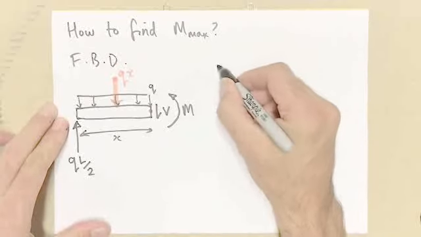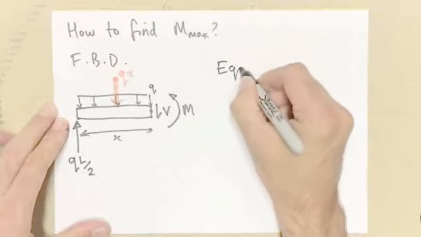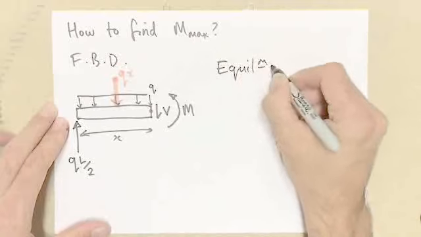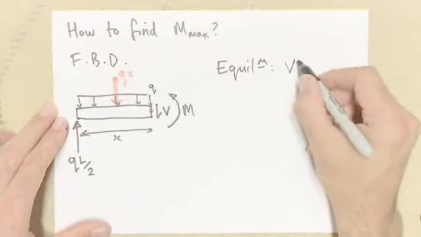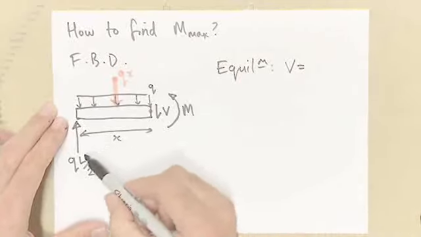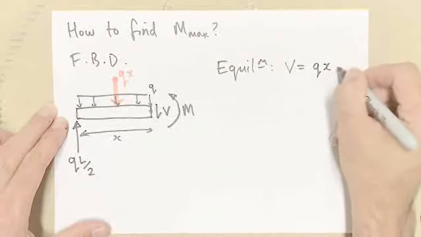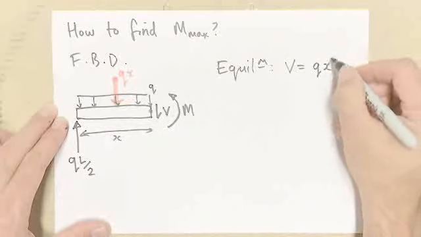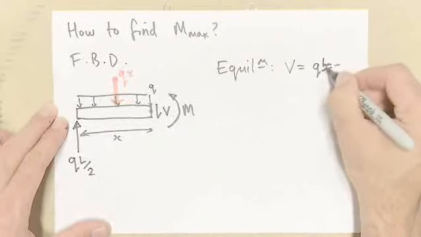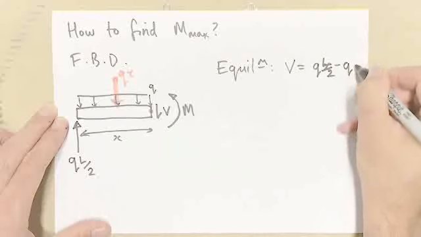Okay, the equilibrium tells us you should be able to see V is equal to the difference between QL/2 and Qx. So it's QL/2 minus Qx.